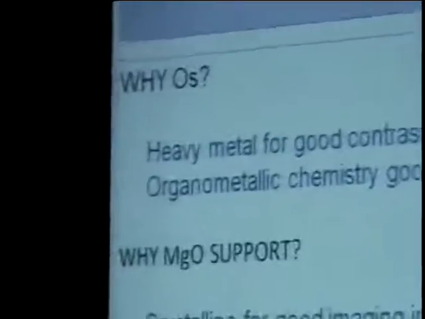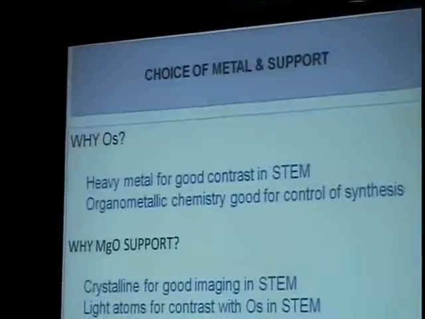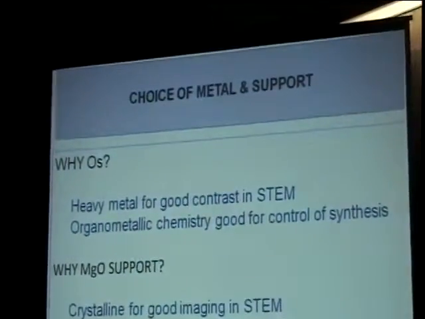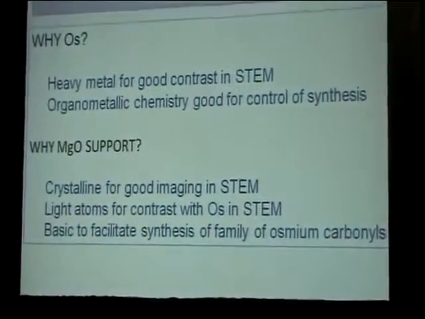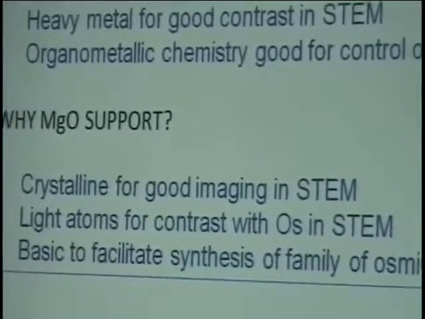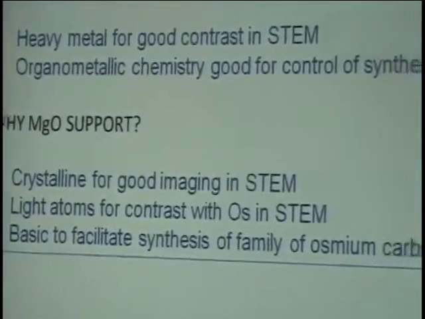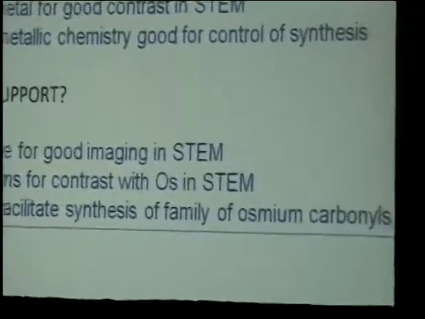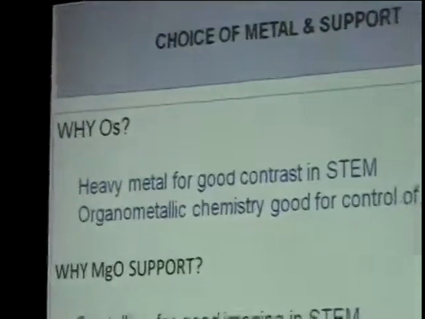So we're working in, at least in this vein, with osmium, iridium, platinum, gold, all heavy metals, heavy enough to image, on supports that are very light in terms of the atomic weight of the constituents. So I'm going to talk about MgO at this event, but we've also been doing a lot with zeolites, and so I don't have time for that part of the story.